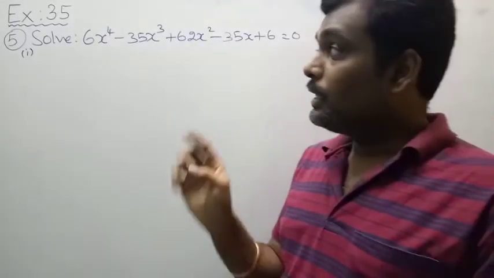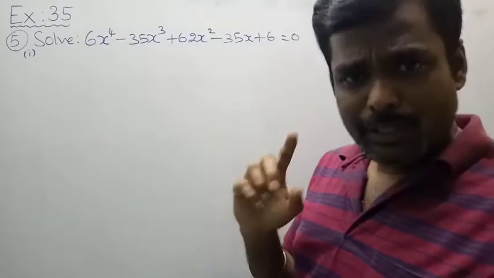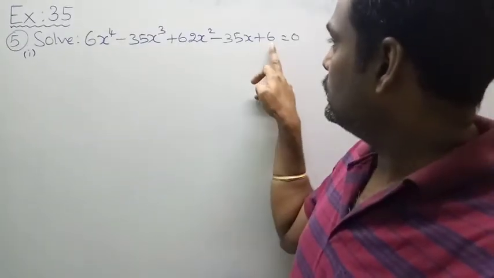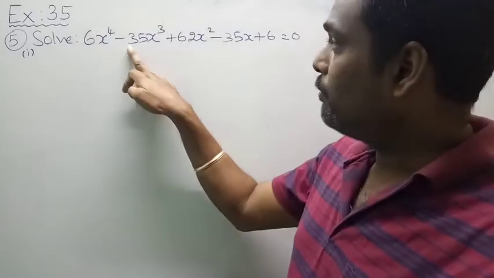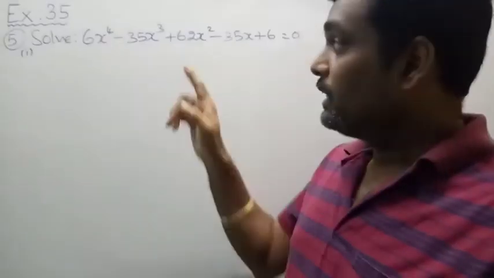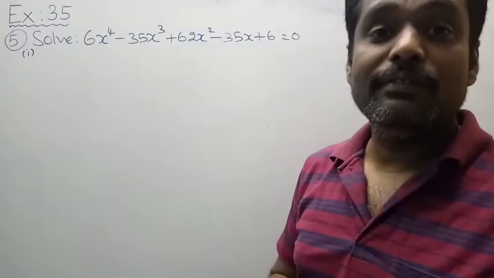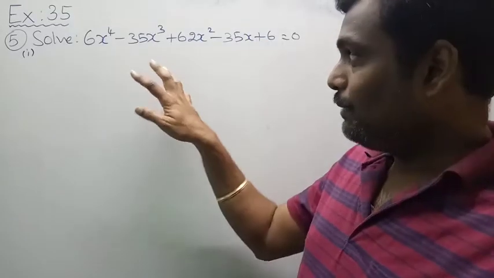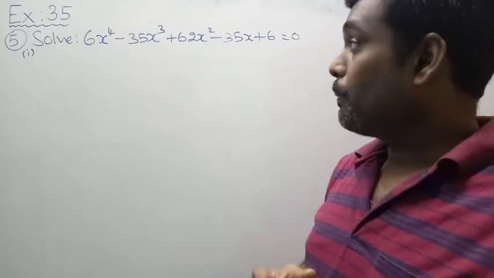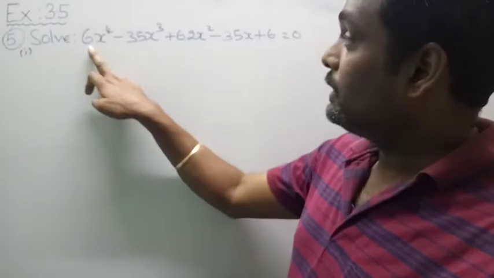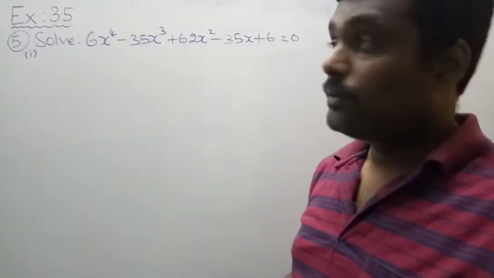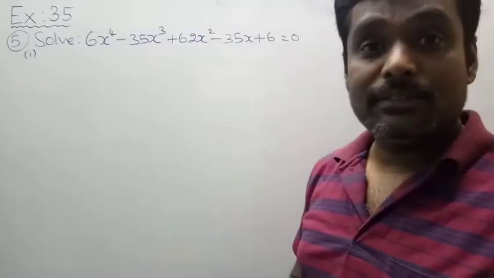When a fourth degree equation looks like this, with the end to end coefficients the same, it is very easy to simplify the problem. Just confirm whether the extreme ends are the same and this is the middle term. Then you can divide by x².